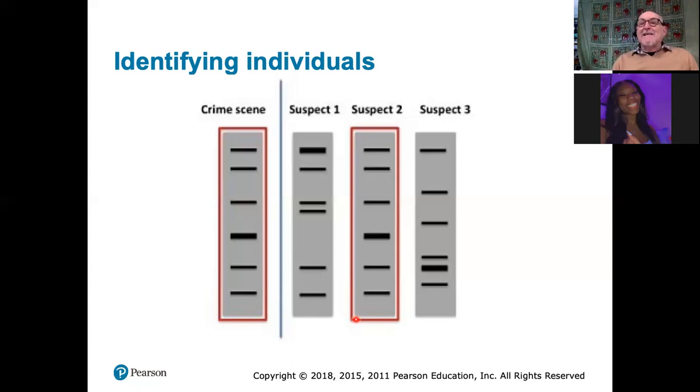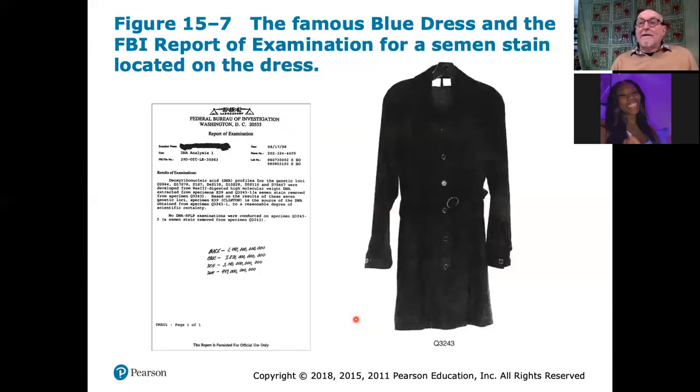RFLP, however, has one major disadvantage, and that is you need a lot of DNA. Now, if you are dealing with a semen stain, for example, there's plenty of DNA. And this is the most famous case of all, probably.